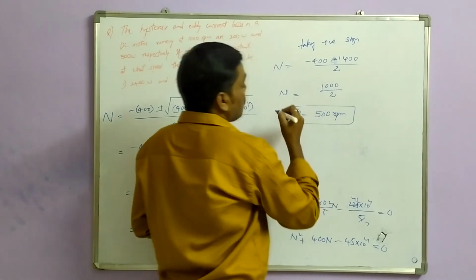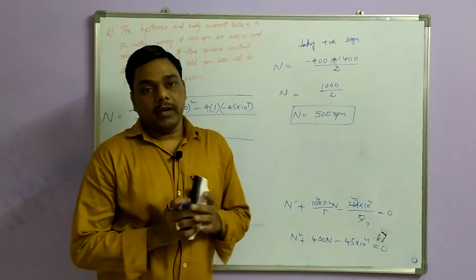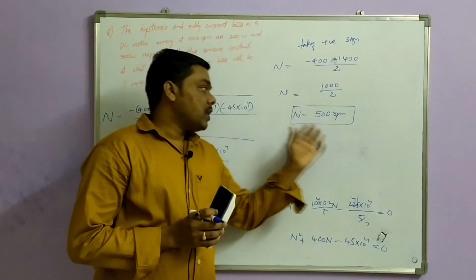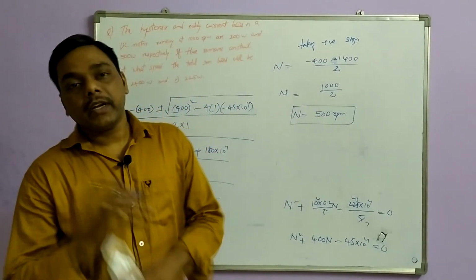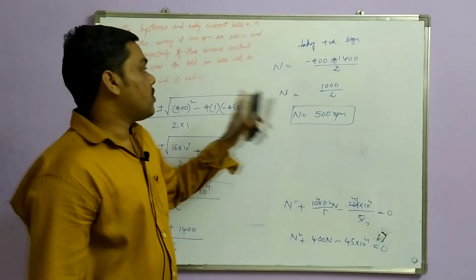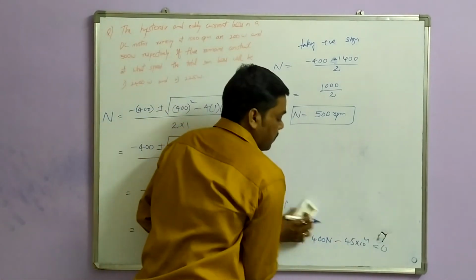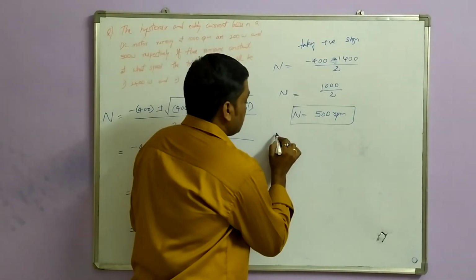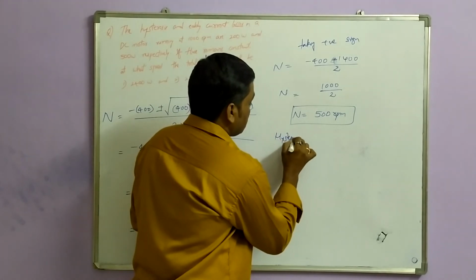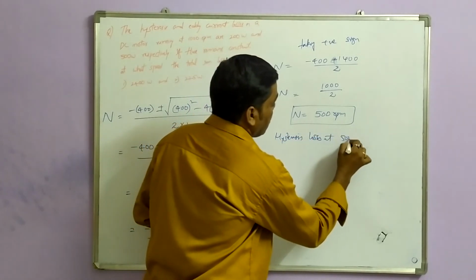Now the motor is running at 500 RPM. If the motor is running at 500 RPM, what are the hysteresis losses and what are the eddy current losses? You can find out from A into N and B into N square. So we'll calculate the hysteresis losses at 500 RPM.